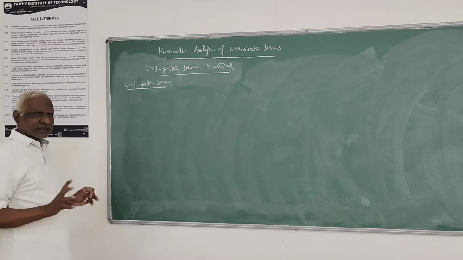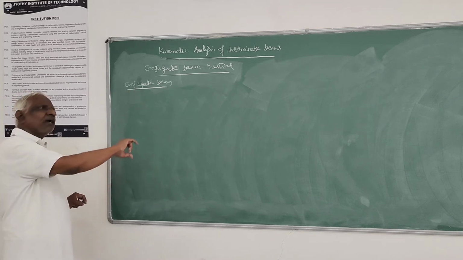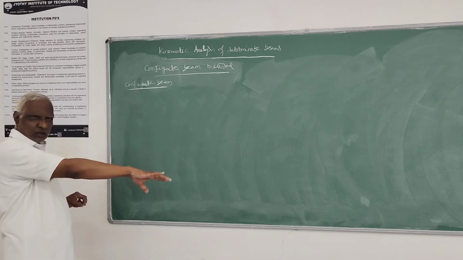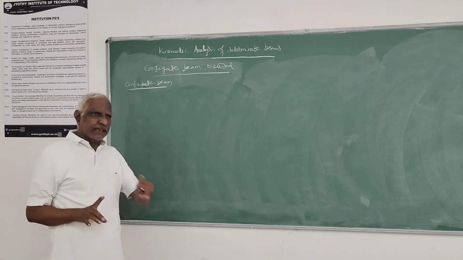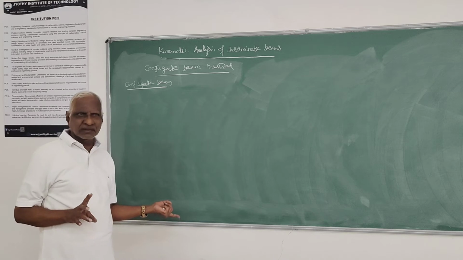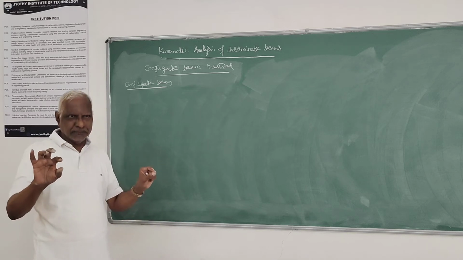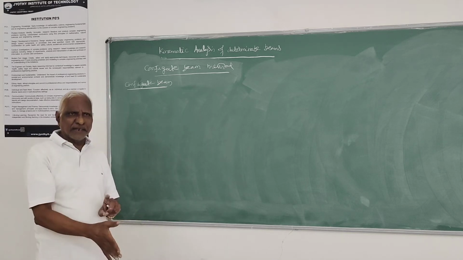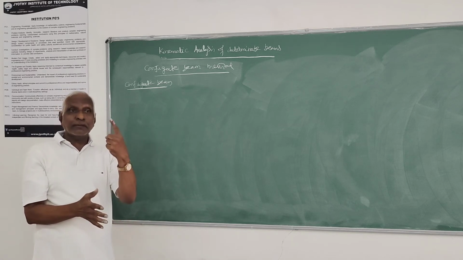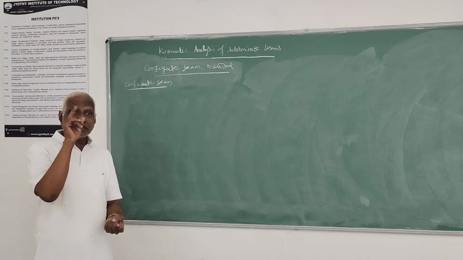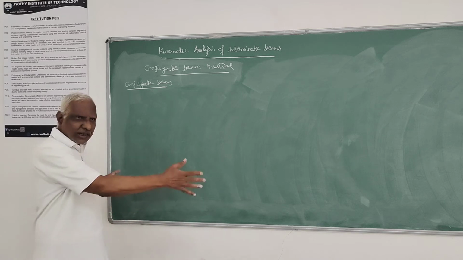If you remember this, then for the given real beam, draw the bending moment diagram for the given loading, and write the corresponding conjugate beam of that real beam. Then, at any point where you have to determine deflection, you find the bending moment in the conjugate beam. It is also a beam only.